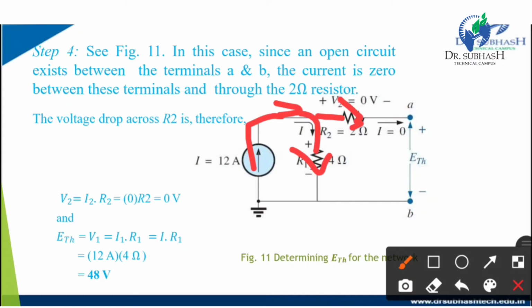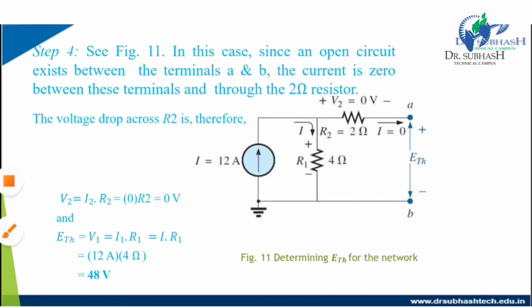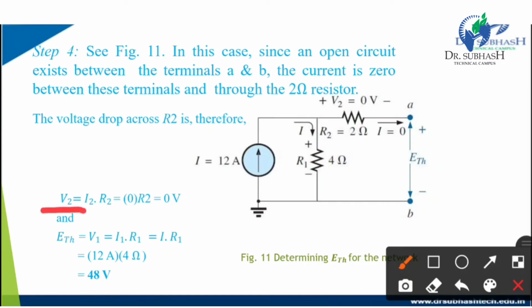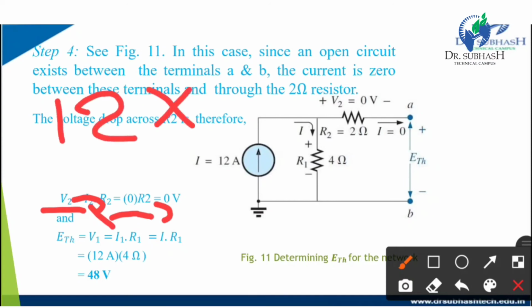So ETH equals V1, which is I1 multiplied by R1, where I1 equals the total current I, 12 ampere, multiplied by R1, which is 4. So 12 multiplied by 4 gives 48 volt.